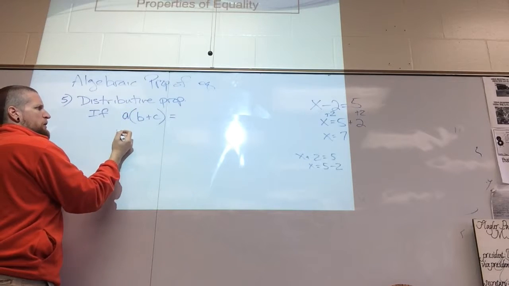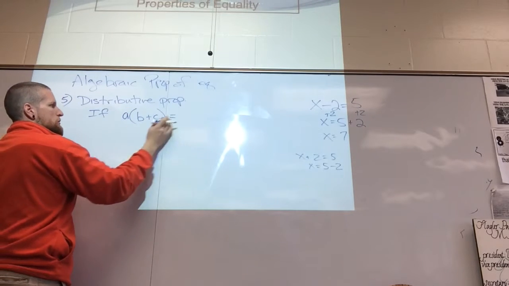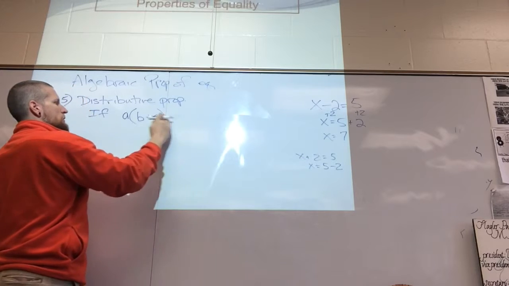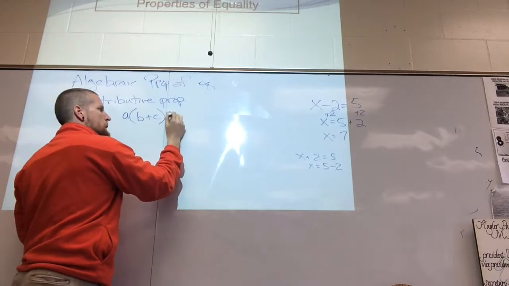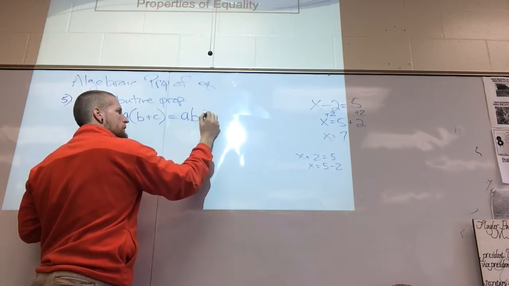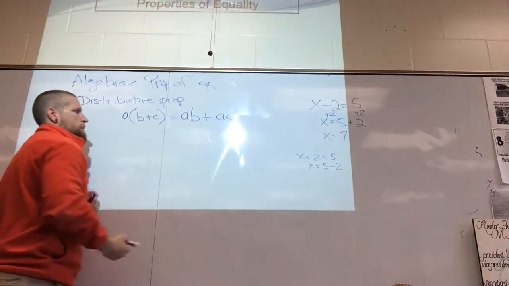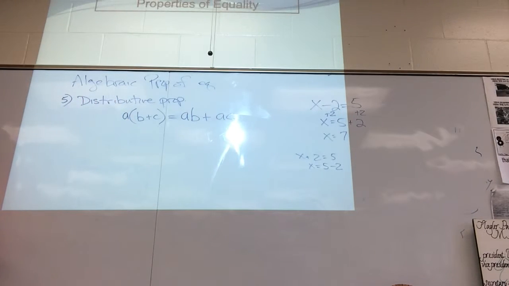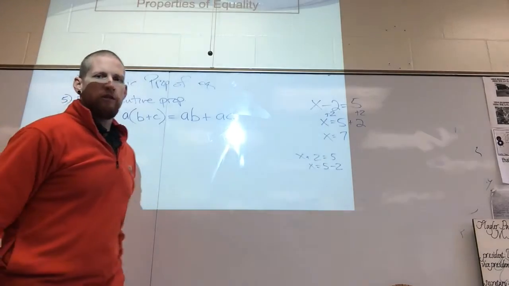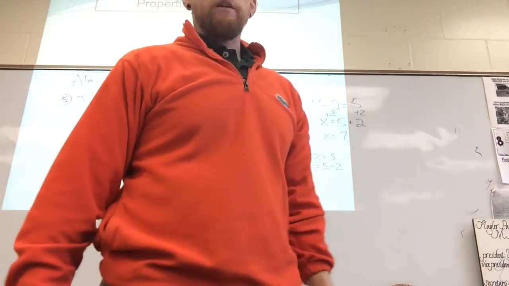So this would be, again, just a tool for solving an equation if you needed it to be there. It's not like a necessary tool, but if you can use it, then that's fine.